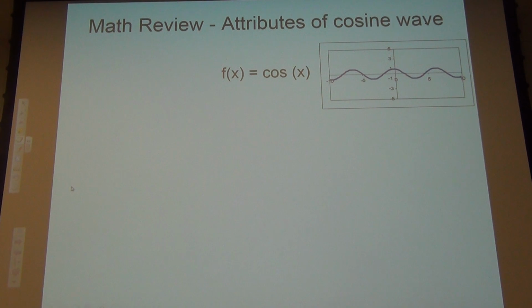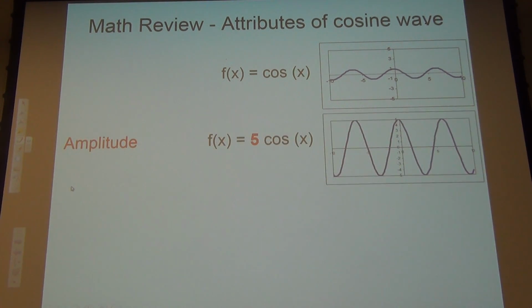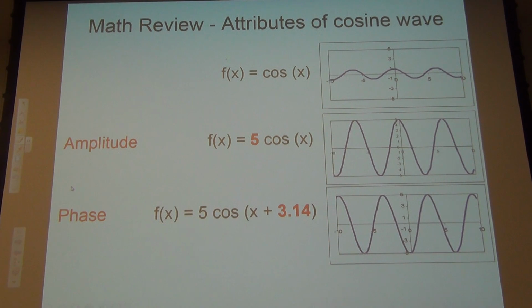Then we want a cosine function with 5 times the amplitude, so we multiply by 5 in front of the cosine function. What if we want to move this cosine wave to the left by 3.14? You add the 3.14, and the whole series will move to the left. If you want to move it to the right, you need a minus 3.14.